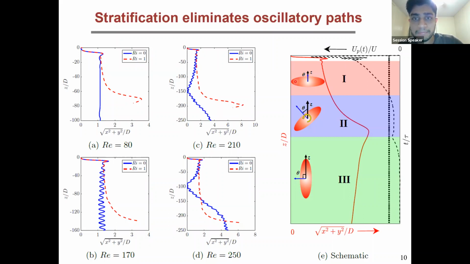Looking at this figure, we divide the settling trajectory into three distinct regimes. The first regime is when the particle settles in a horizontal orientation like this, similar to a homogeneous fluid. But once its velocity falls below the threshold at which the reorientation instability sets in, it starts to reorient, and as it reorients, it deflects in the horizontal direction.